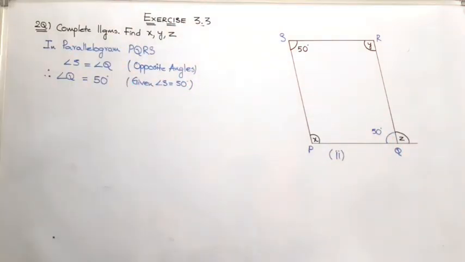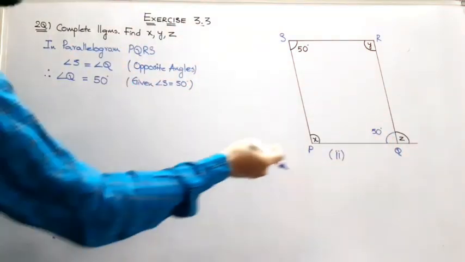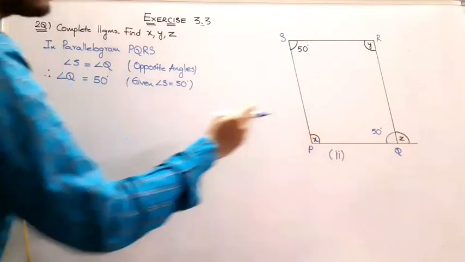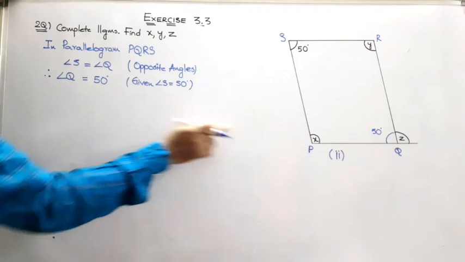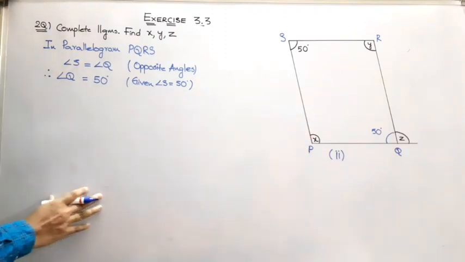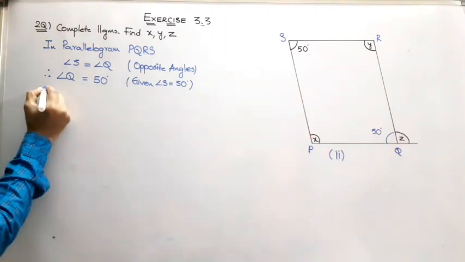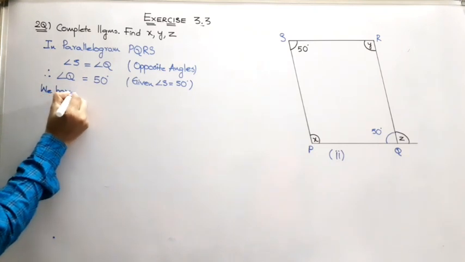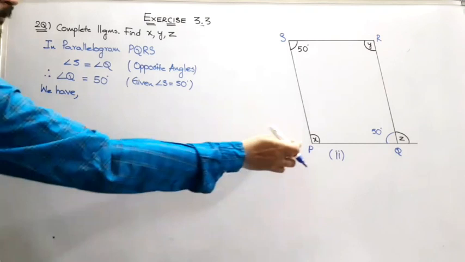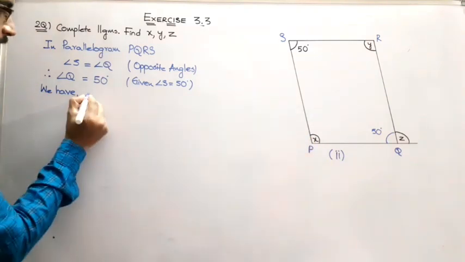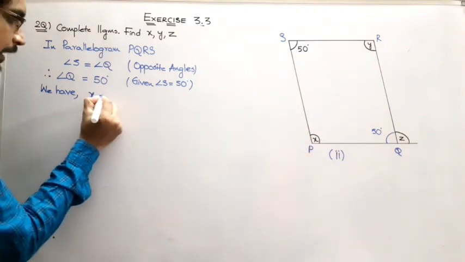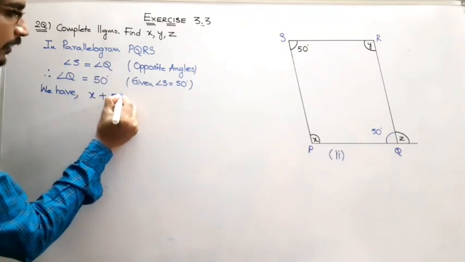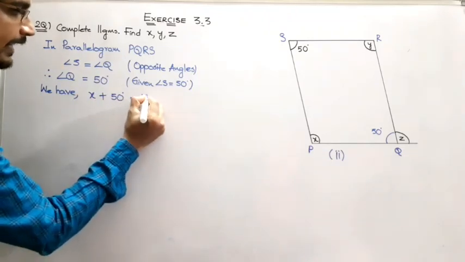Now let us find in an order. You can directly find Z also, but let us follow some order. I want the value of X. We have the measure of angle P, which they directly gave as X. So X plus 50 degrees is equal to 180 degrees.